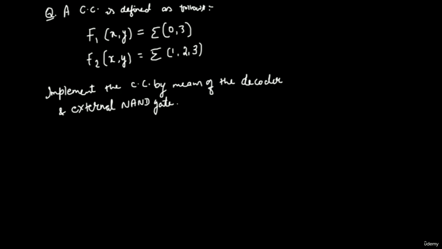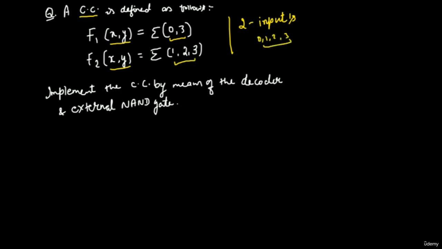So there is a combinational circuit defined by the function xy. From this we can say that we require two input lines. Now as you can see, 0 to 3 is here and 1 to 3 is here, so technically we have 0, 1, 2, 3.